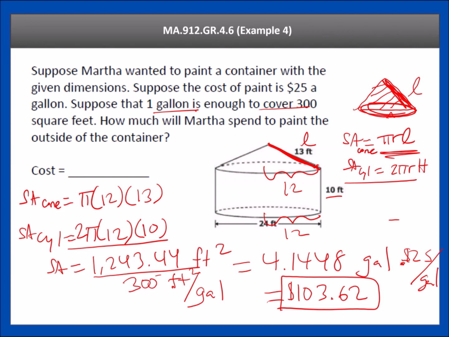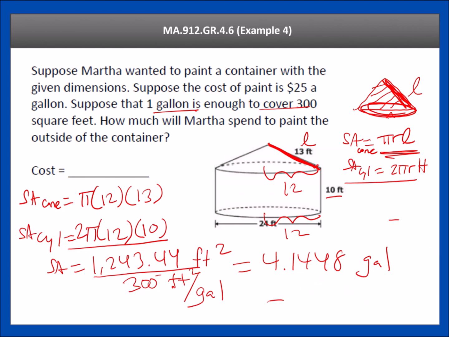Actually, now that I think about it, if we multiply this by 25, this will be the exact amount. However, assuming that we can only buy paint in gallons and we can't buy it in pints, it might actually be more than that, because we might have to buy 5 gallons of paint, or maybe 4 gallons and then a pint.